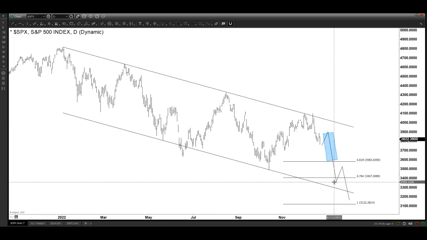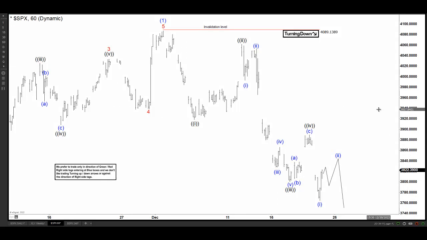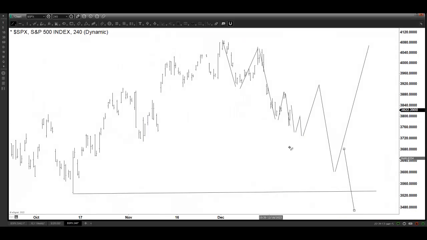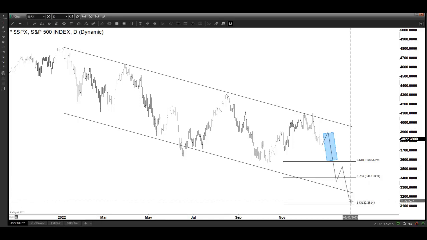Time will tell, but what is interesting about the S&P today is that the 5 waves seem to be very real, and the 5 waves soon will create a bounce, but also the bounce should fail and the bounce should continue lower. So I believe that the S&P, yes, it can go easily to the 3150 area.